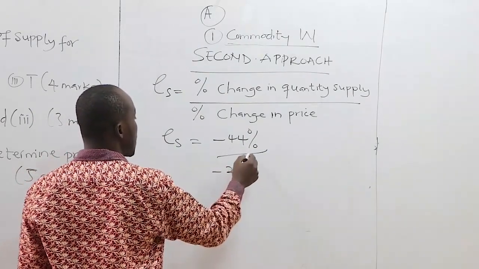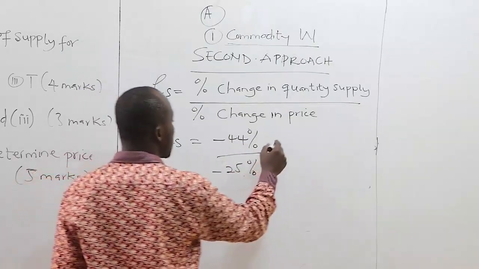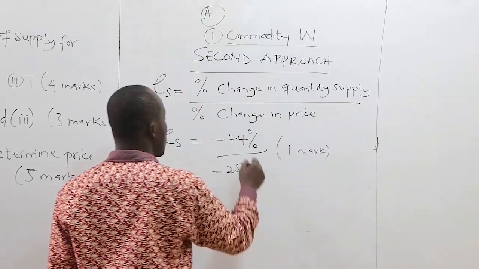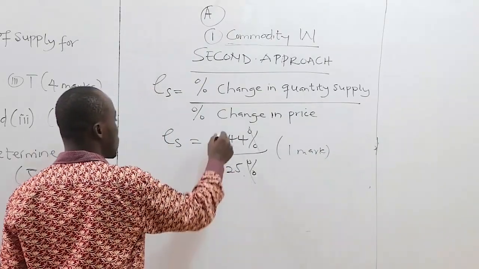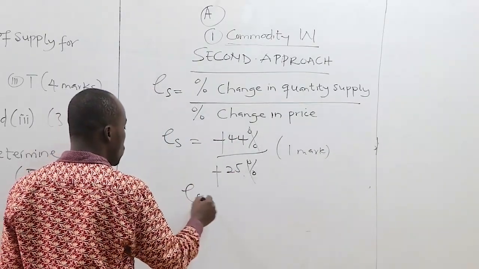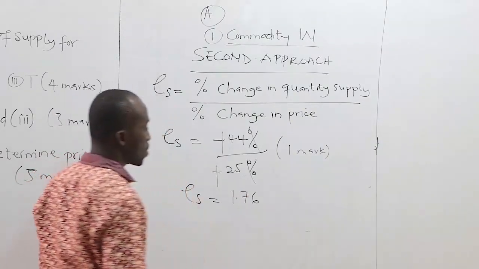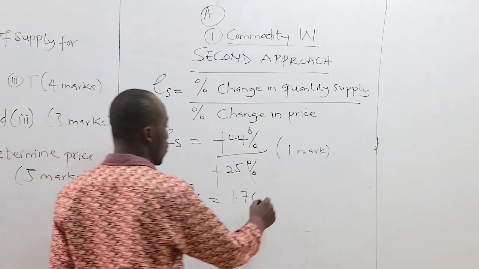You're going to get 1 mark for doing that substitution. The percentage will cancel the percentage, and the negative will cancel the negative. When you use the calculator, you're going to get 1.76. And the final one also gives you 1 mark.